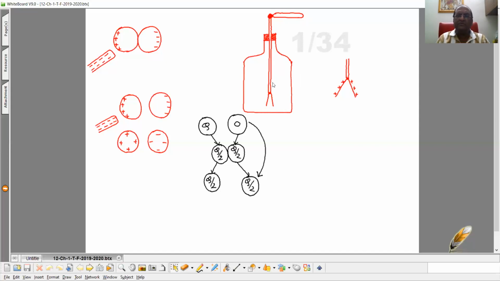Then suppose a positively charged glass rod is placed here, then more electrons are attracted by it, and due to that, when this becomes more positively charged, the separation increases.